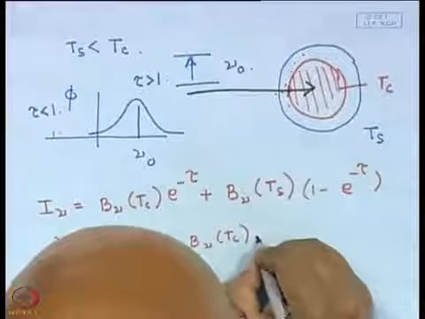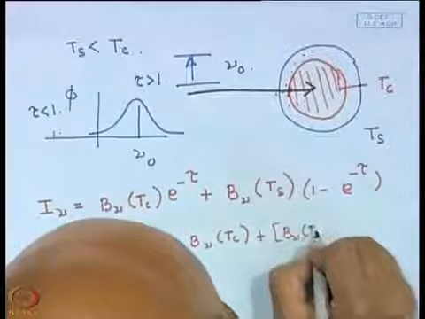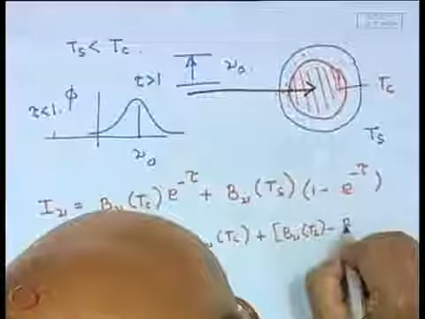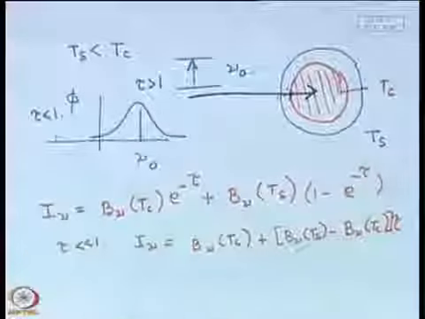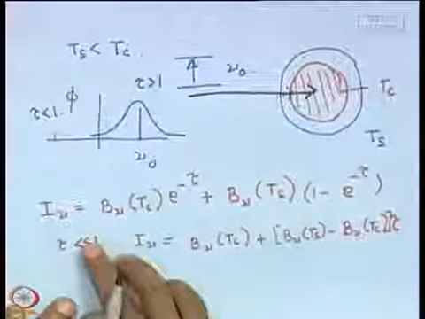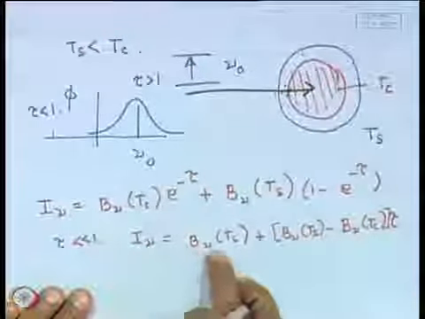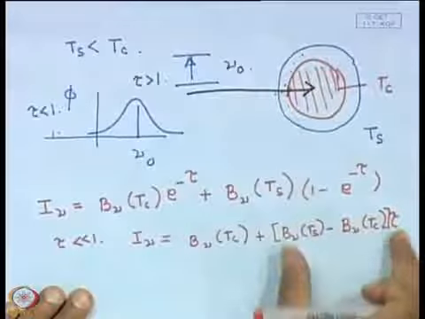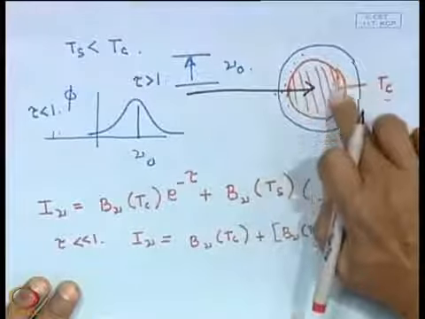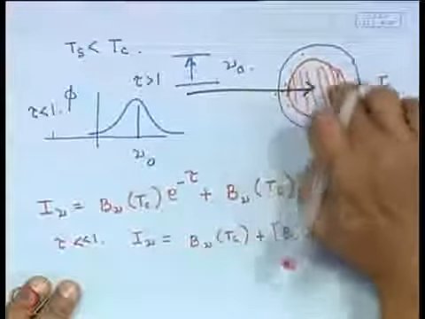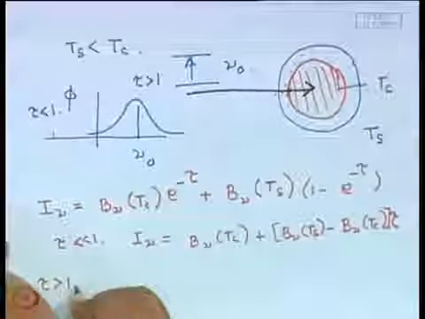So, I have plus B nu Ts minus B nu Tc, into tau. If it is optically thin, this is a negative number. So, there will be a small decrement, and as tau tends to 0, this small decrement will be gone. So, I will essentially see the black body spectrum of this. Now, let us consider the other limit where the optical depth is greater than 1.